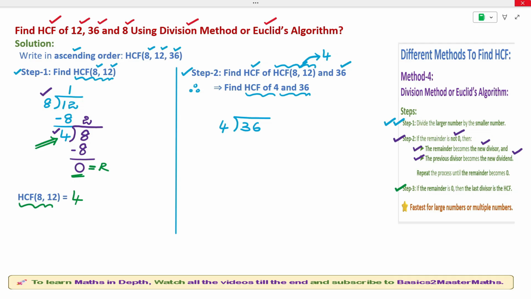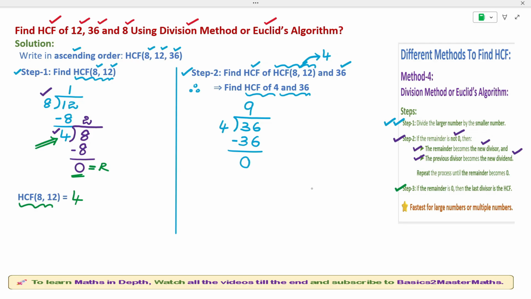Step 1. Divide the larger number by the smaller number. In this case, when we divide 36 by 4, we get 9 as the quotient and 0 as the remainder.